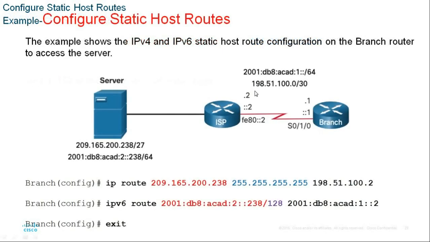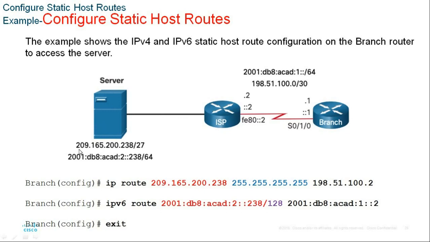Now I'm going to do an example of how to configure static host routes. See the context here. There is a branch connecting with an ISP. In the ISP, there is a server connected. So first, understand the server IP address.